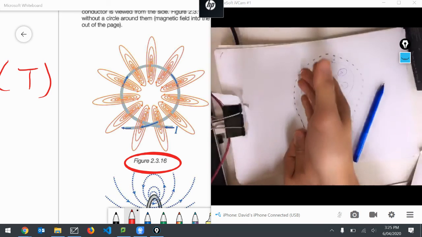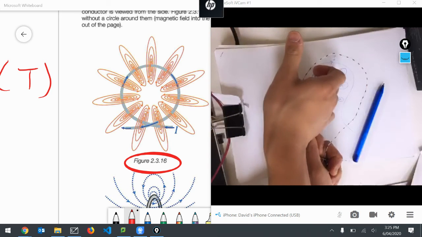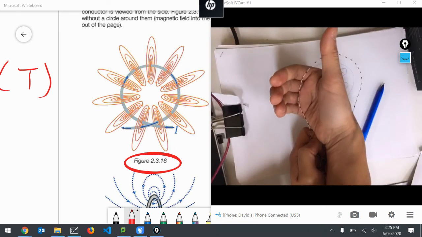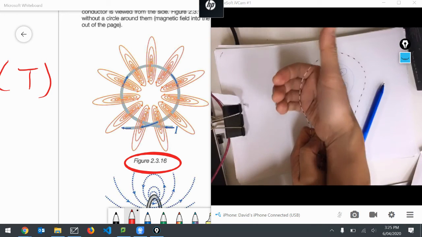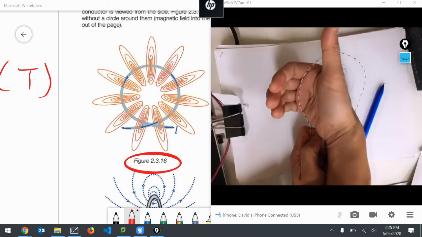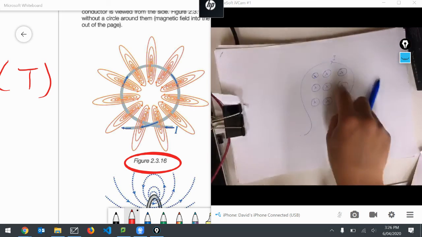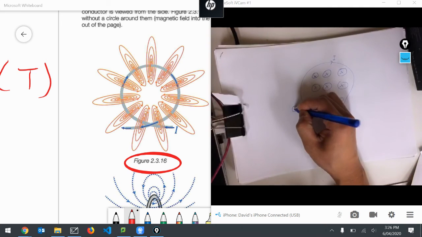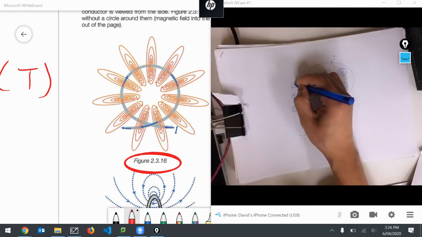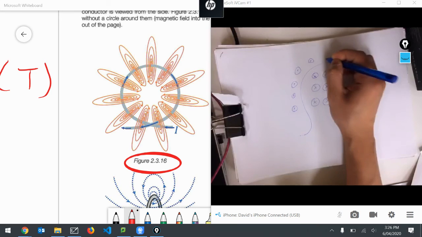But on the other hand, I've still got my right hand here, but on the outside, see how my fingers are actually pointing up, out of the page, which means on the outside, you're going to have the field going out of the page.